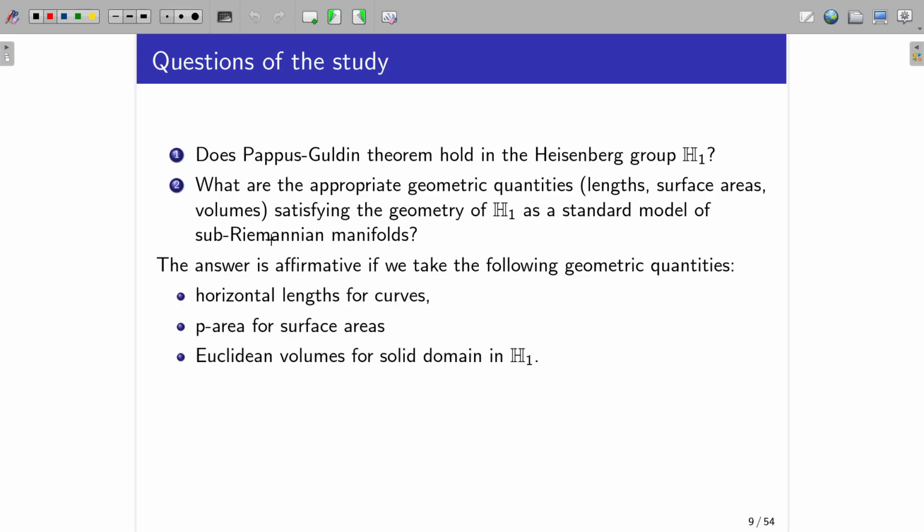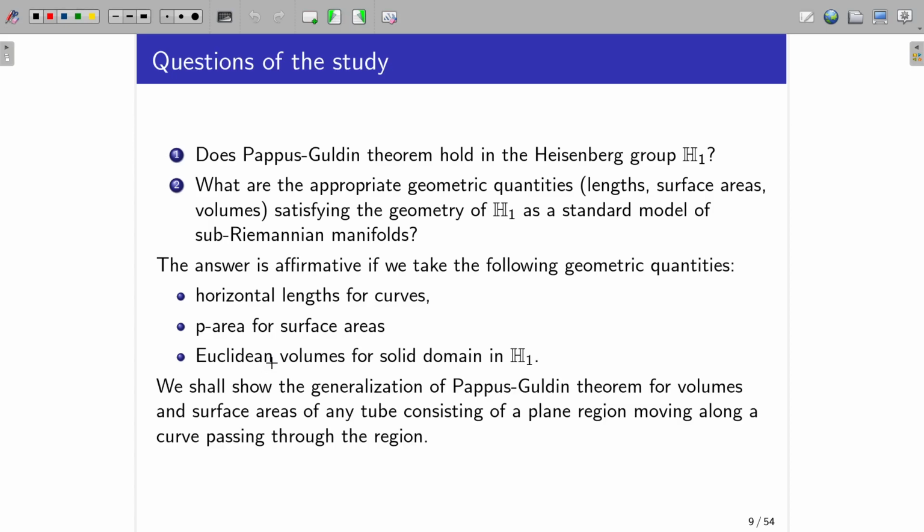If we take the horizontal length for curves, we take P area for surface areas, and take Euclidean volumes for solid domains in H1.